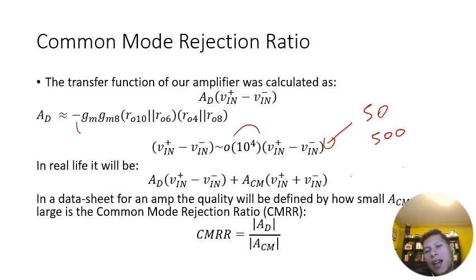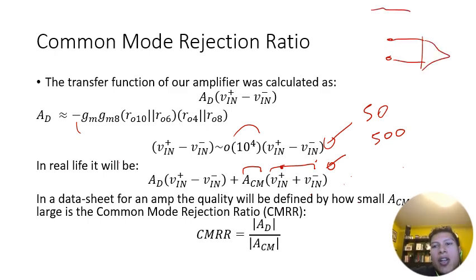In real life, you will always have what's called the common mode gain, which is related to the average of the input and output voltage. This is really bad because, like I said earlier, what's common to both inputs is usually noise. If there's a truck going by, like one of these really heavy Cybertrucks, as you're operating your amplifier, you're going to pick that truck up in this terminal and likely in this terminal.